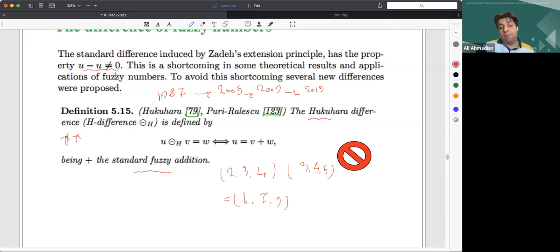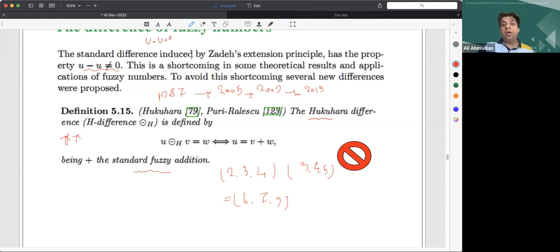So this is the problem with subtraction of two fuzzy numbers. In classical mathematics, if we have two numbers, u minus u should be equal to 0.